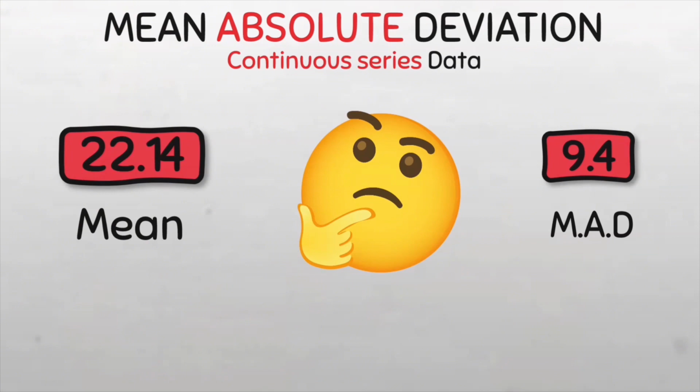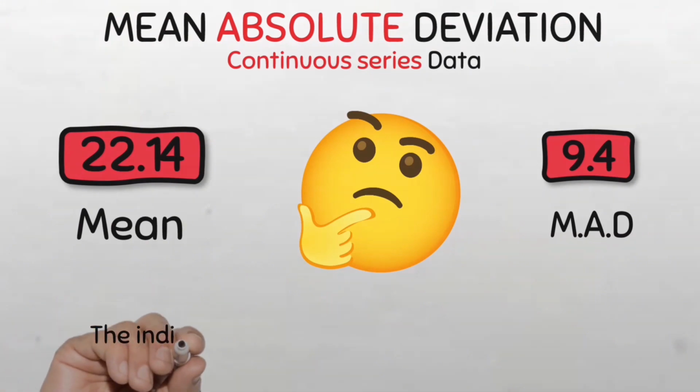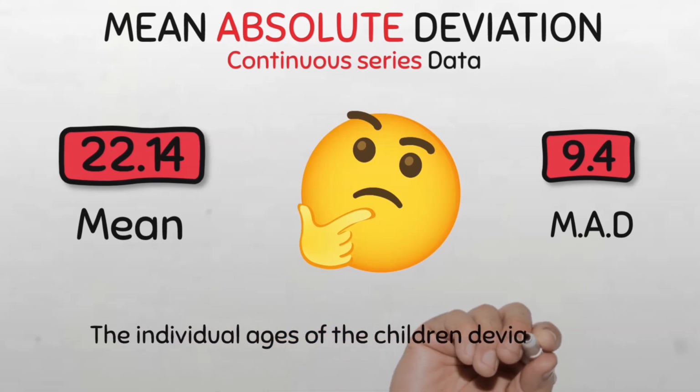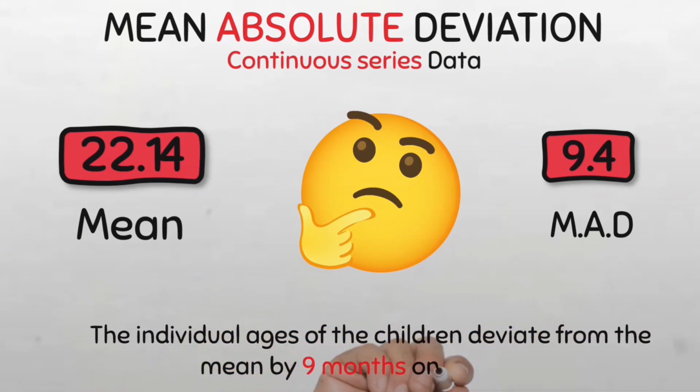And the mean absolute deviation of 9 months suggests that the typical difference between each child's age and the mean is 9 months. In other words, while the average age of children that were attended to in the clinic was 22 months, the individual ages of the children deviate from the mean by 9 months on average. Easy peasy. So this is how to compute the mean absolute deviation for continuous series data.